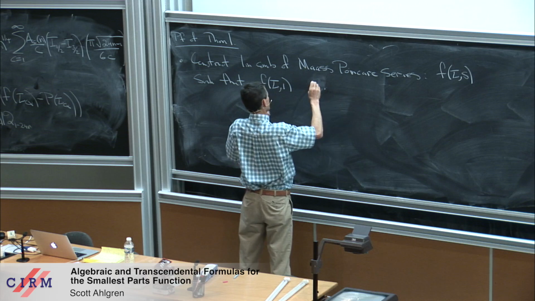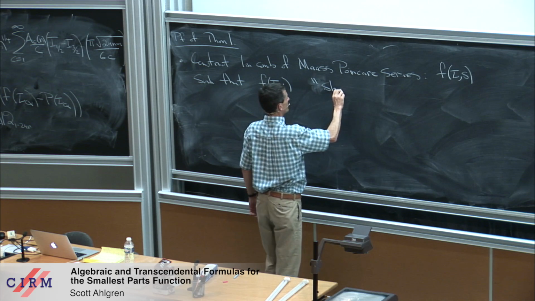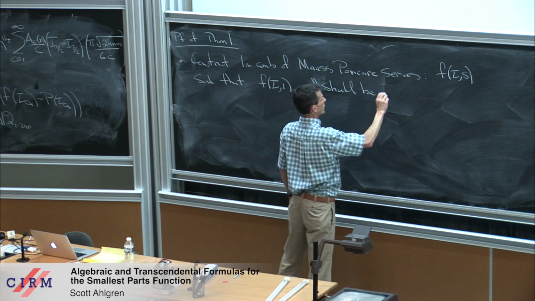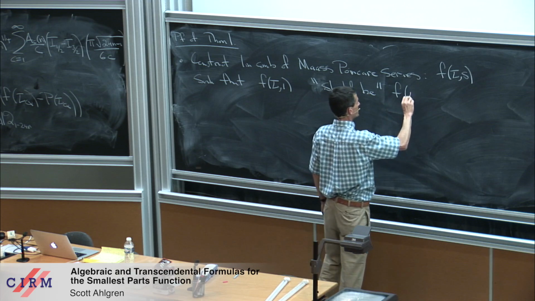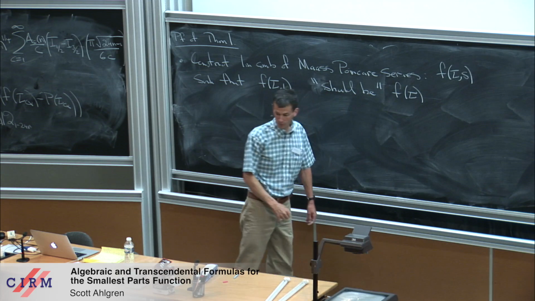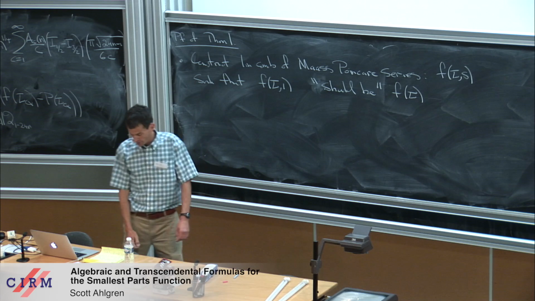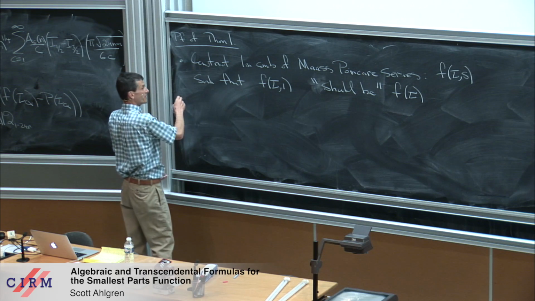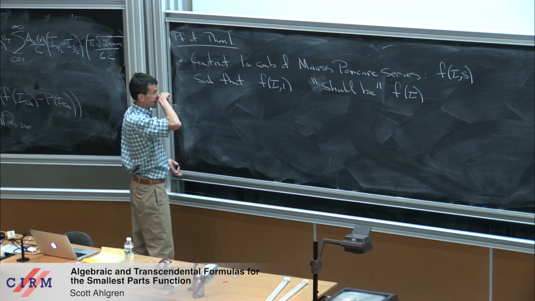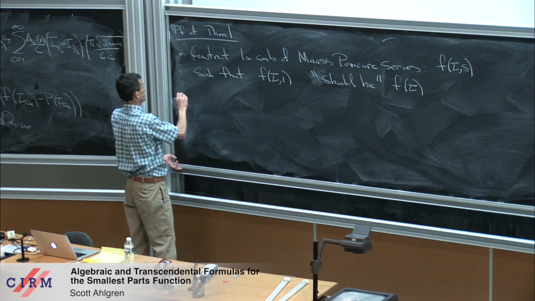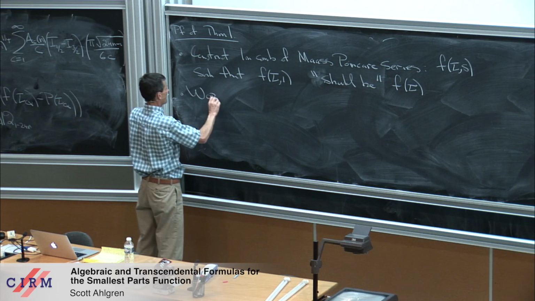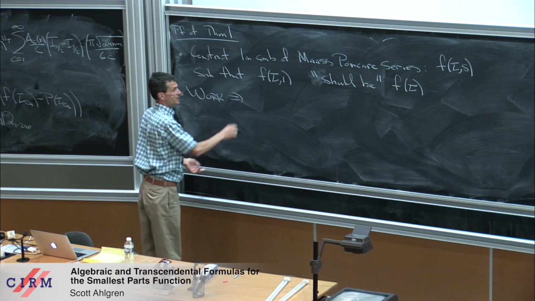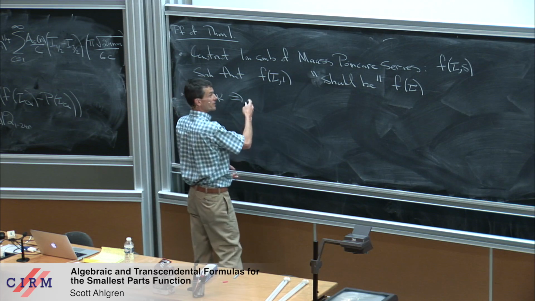Or let me write it this way: this should be f of tau. These only converge at the outset for the real part of s bigger than 1. Then there's quite a bit of work, involving the Ahlgren involutions and so forth, which implies you can write down a Fourier expansion for these.